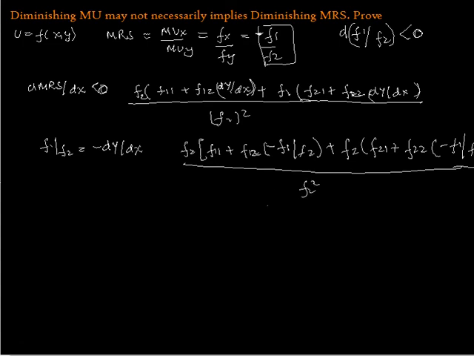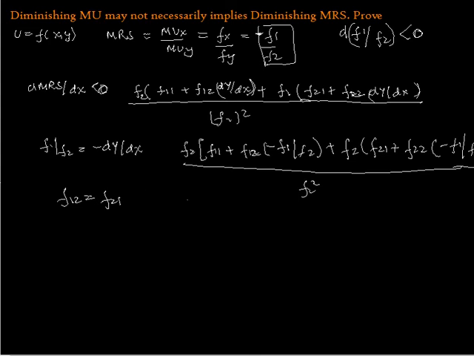Clear? And all this is dMRS by dx. I'm trying to find out dMRS by dx only. Now using Young's theorem, you know that f12 is equal to f21.